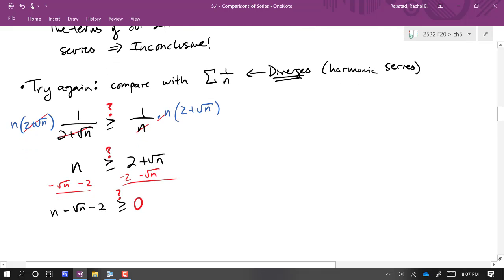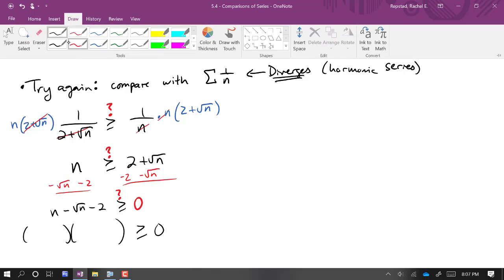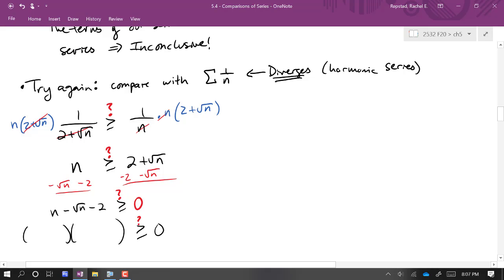The left side, it might not look it at first, but it's actually a quadratic. It's a quadratic in root n, because n is the square of root n, and so this will actually factor and it will look like root n minus 2 and root n plus 1.